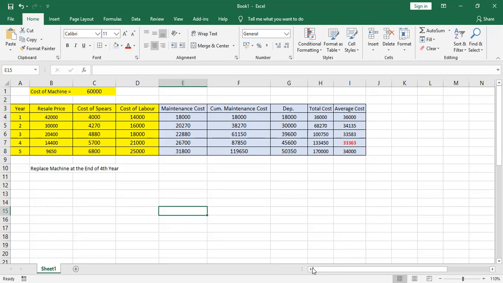So you have to identify it, right? So with the help of this example, we can clearly understand what a replacement problem is, how we will calculate the optimum replacement period, and so it is very much beneficial for industry purposes or gaining maximum profit.